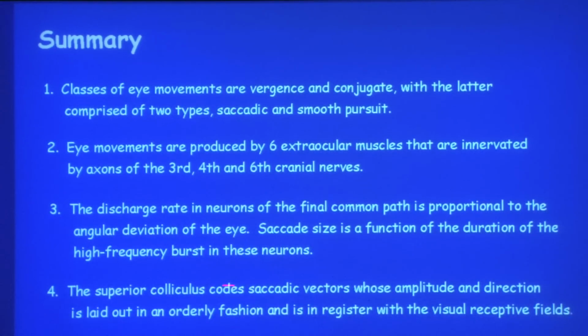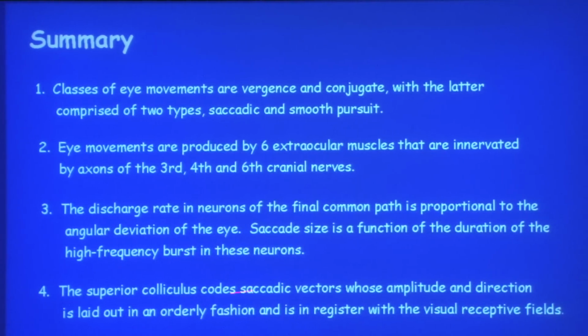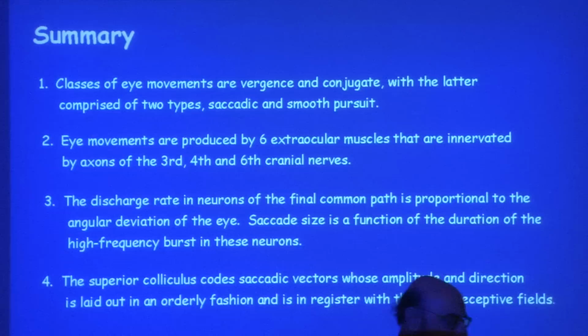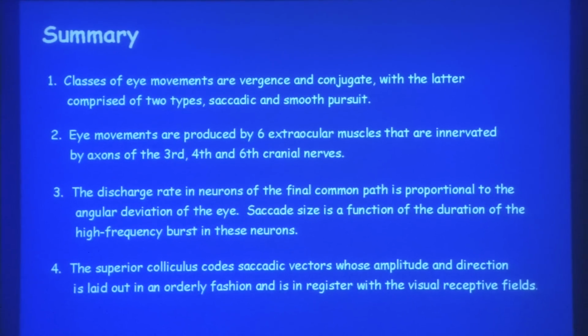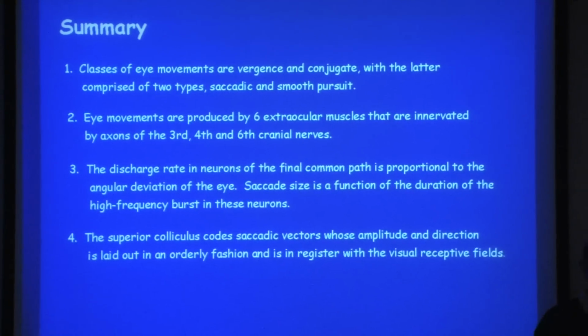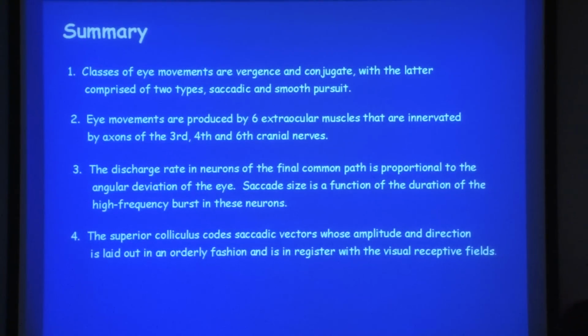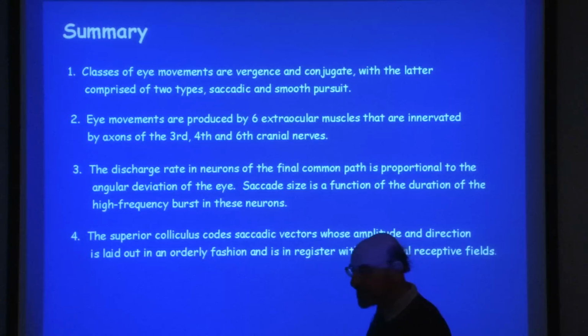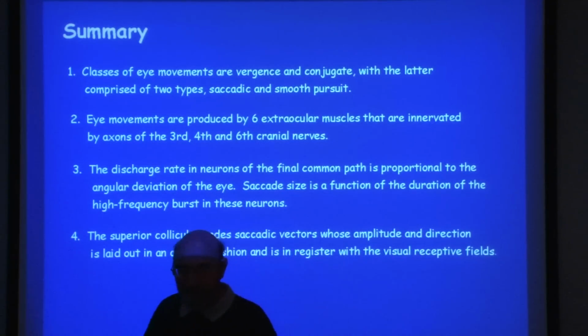All right, then the superior colliculus codes saccadic vectors whose amplitude and direction is laid out in an orderly fashion and is in register with the visual receptive field. I told you that in the anterior colliculus, the receptive fields are very close to the fovea, and when you go to the back of the colliculus, they're progressively further peripheral, and medial is up and lateral is down.